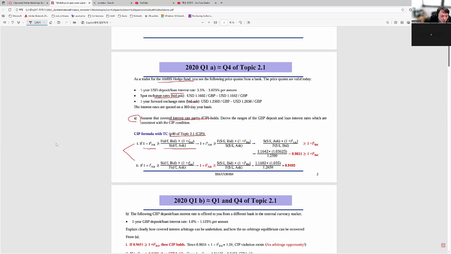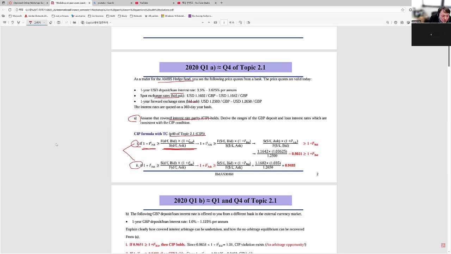After 1 period, you convert that back into currency D. So this is what you get after 1 year by implementing this arbitrage strategy. What you have here is what you have to pay back. So this inequality means when you borrow currency D, if you need to pay more than what you're going to get after 1 year, then you're not going to implement the arbitrage strategy. There's no CIP violation. That's the first condition.